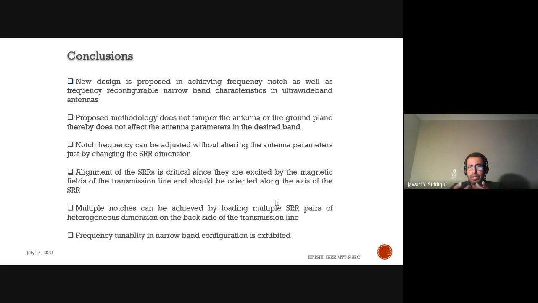But my most interesting design is the multifunctional antenna, in which an antenna can work with three functionalities: a narrowband response, an ultrawideband response, as well as a frequency notch response. And these are all done with strategic placement and alignment of split ring resonators. We do not claim these as metamaterial antennas.